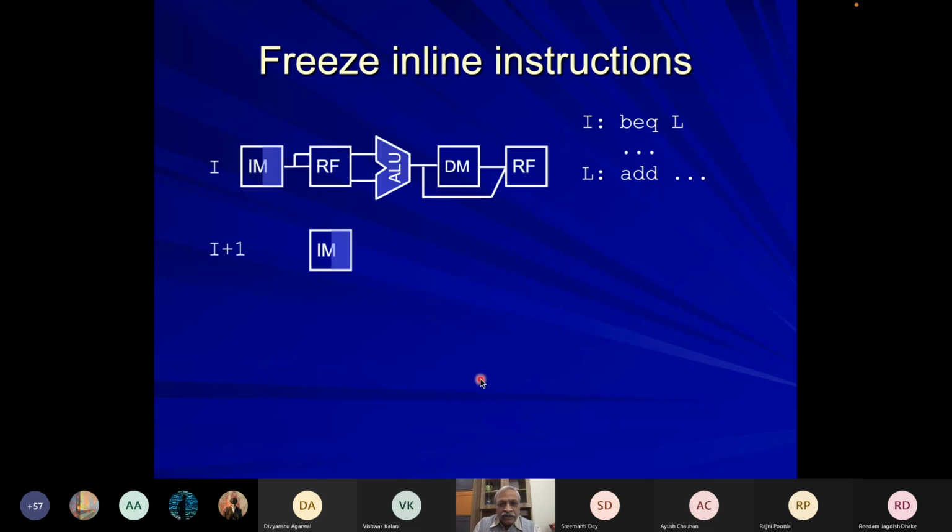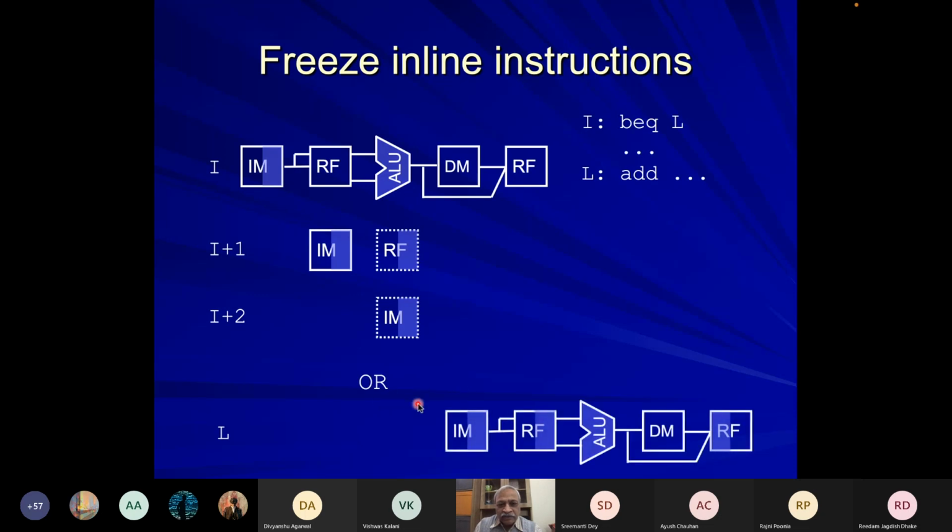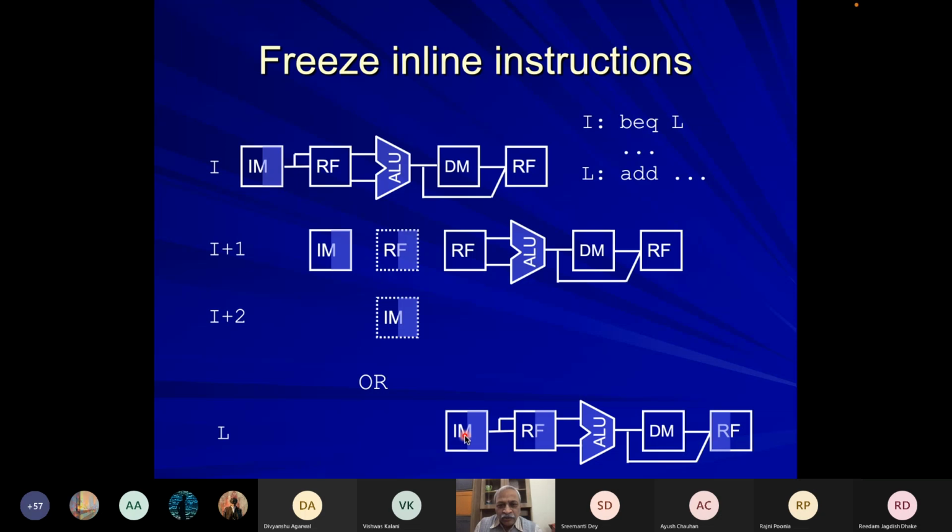Okay. So in the next scenario, we leave instruction I plus 1 there. We didn't allow it to proceed further. So if a branch has to take place as usual after computing the address and knowing that branch has to take place, it will start here after 2 cycle delay. But in case we had to proceed with the inline instruction, that means branch decision was false, we will let instruction I plus 1 move forward.